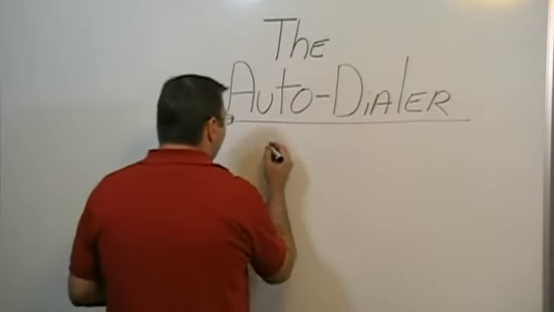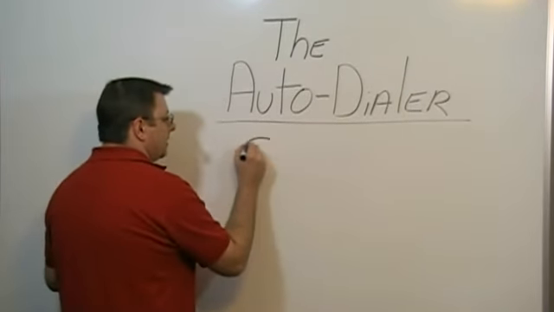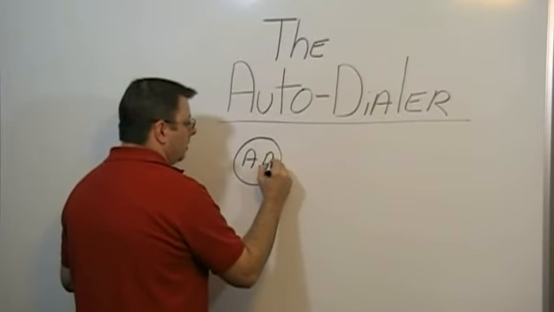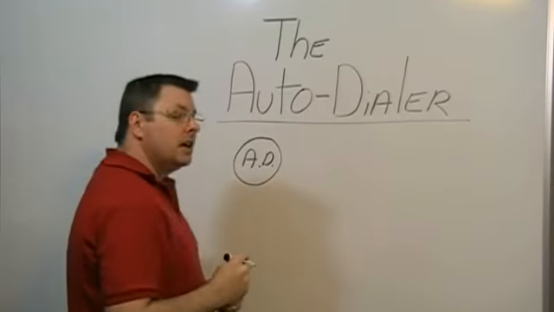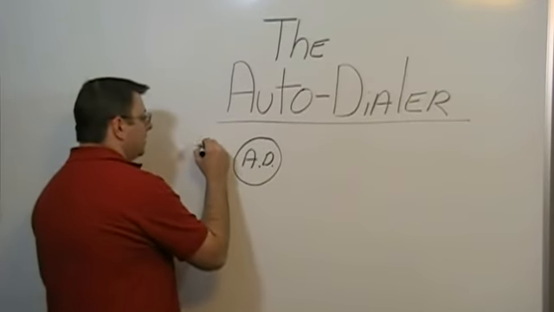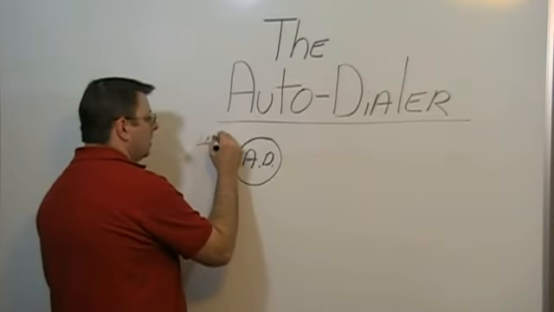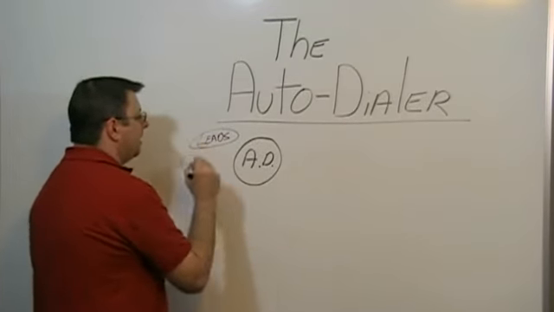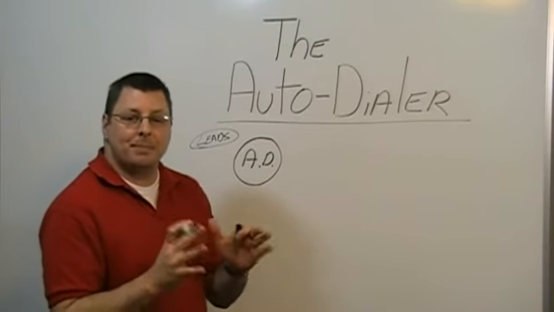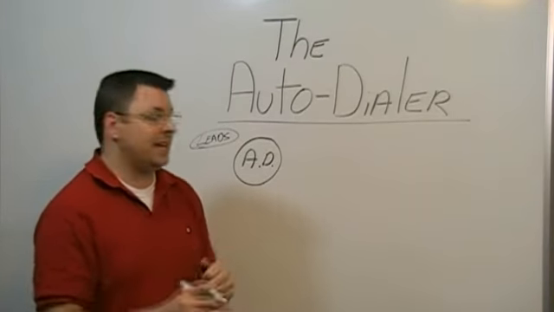Okay, we're going to draw this right here. This little circle represents your auto dialer. Now, your auto dialer, remember, is loaded with leads that you purchase. So we're going to take this big stack of leads, remember, not prospects. We're going to try to find the prospects in a big pool of leads.